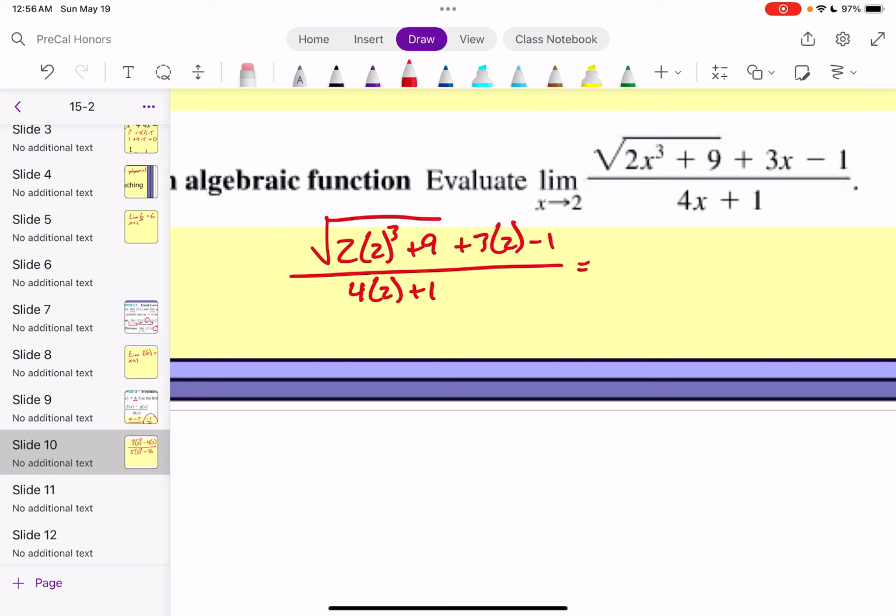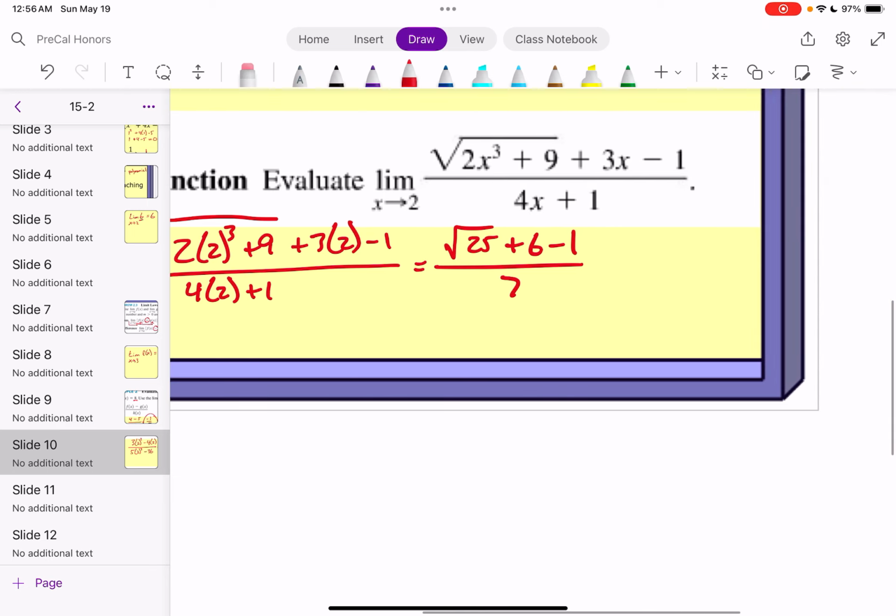In this case, 2 to the third power is 8 times 2 is 16. 16 plus 9 is the square root of 25, plus 6 minus 1 over 7. Square root of 25 is 5 plus 6 is 11. 11 minus 1 is 10.